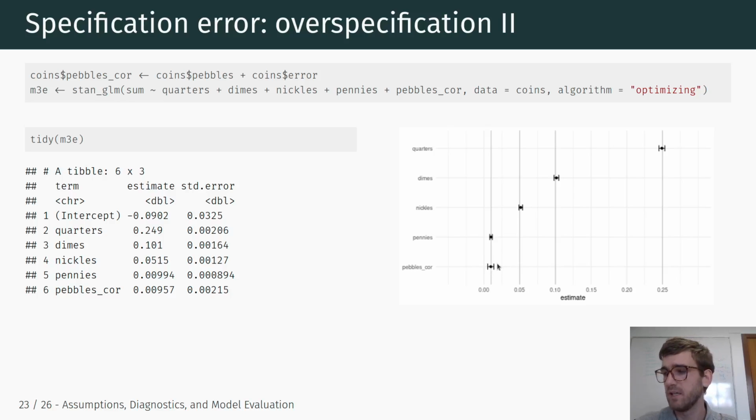So as soon as we have this, and this is what in econometrics is usually referred to as a violation of the exogeneity assumption, or you have an issue with endogeneity, which is when some of your predictors are correlated with the error term, and then the parameter estimates for those predictors are biased. So that's one example of those pebbles, where we have something that doesn't affect the outcome, but is correlated with the error term and therefore induces bias.